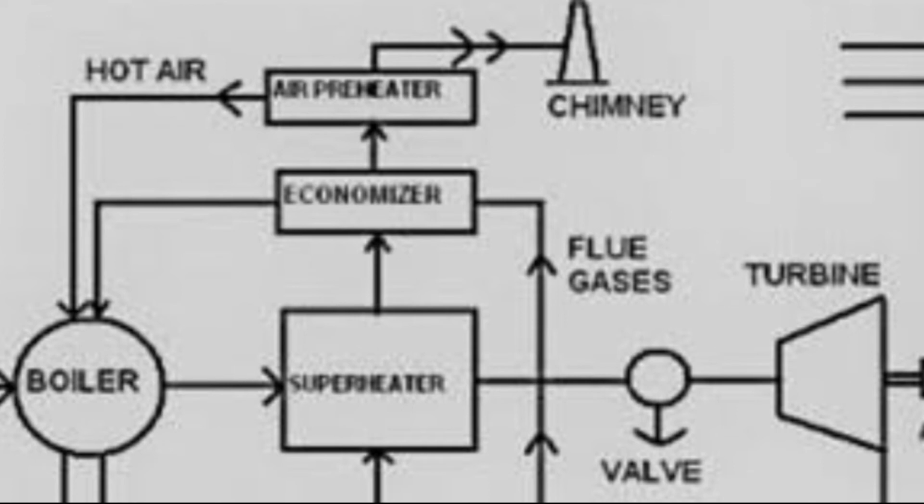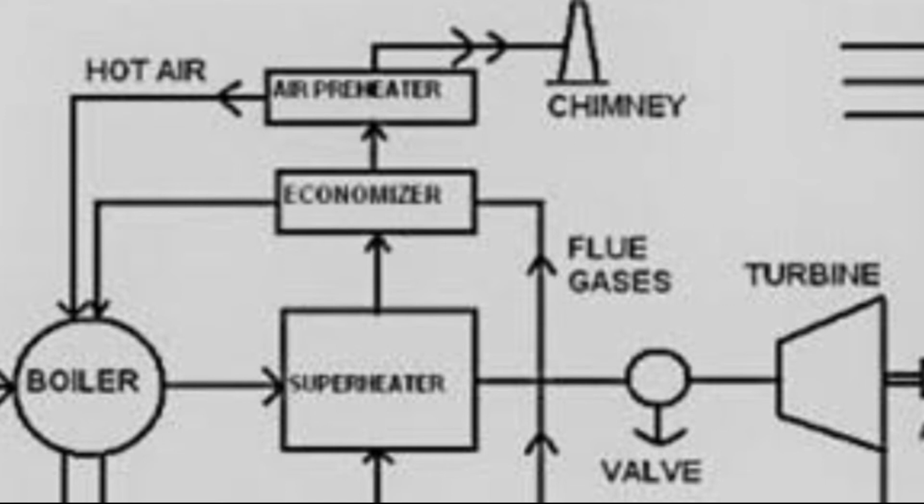An air preheater increases the temperature of the air supplied for coal burning by deriving heat from flue gases. Air is drawn from the atmosphere by a forced draft fan and is passed through the air preheater before supplying to the boiler furnace.